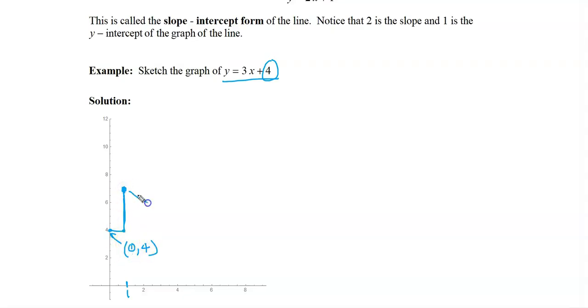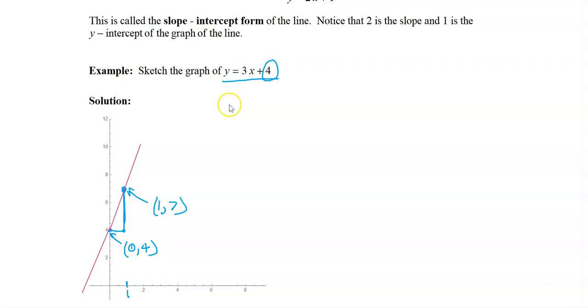And this point right here, if we go over 1 unit, we have to go up 3. That will be the point 1, 7. So there are 2 points on our line, and then we just have to connect with a straight line going through those 2 points. And that would be the equation of our line right there. It would look something like that.